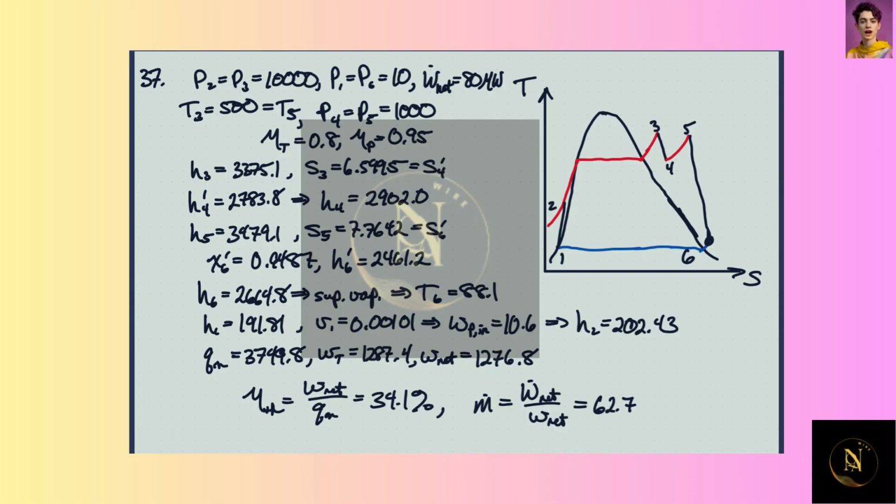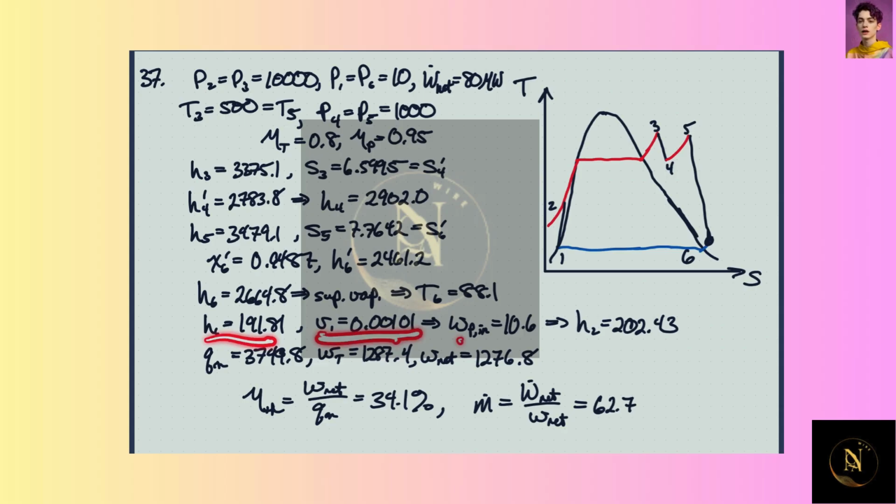Now, because we know the enthalpy and the pressure, we can get the temperature, and the temperature there is 88 degrees Celsius. Now we know the pressure, and it's a saturated liquid here, roughly, so we can get the enthalpy and the specific volume.